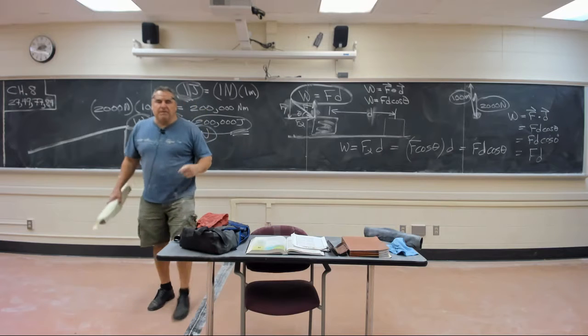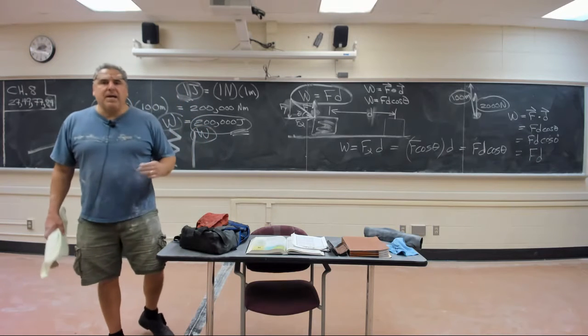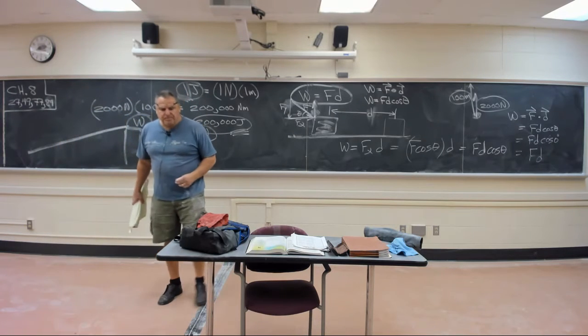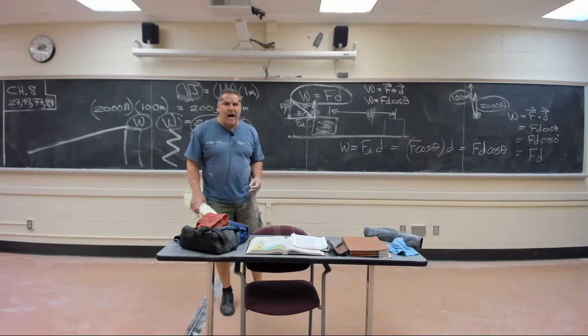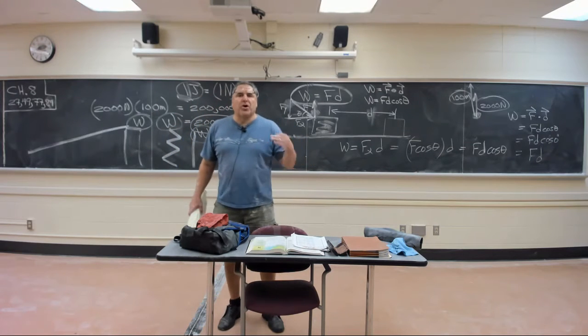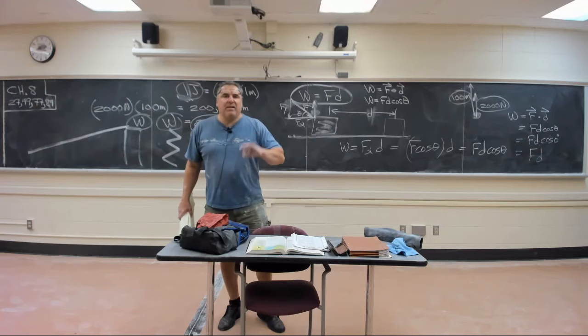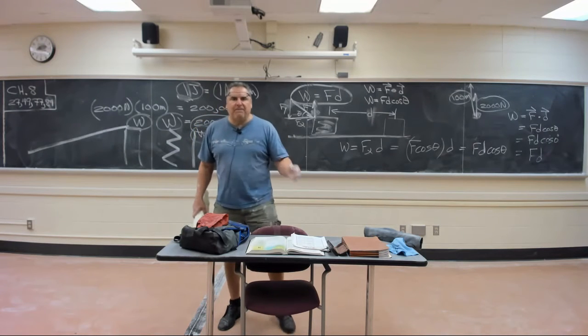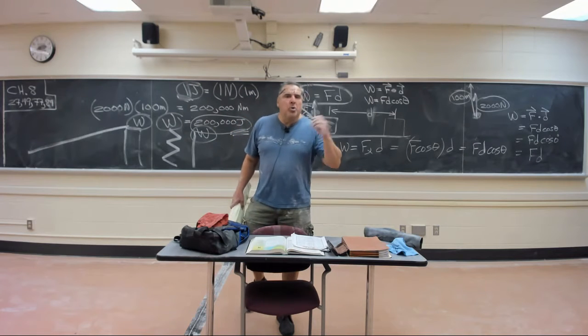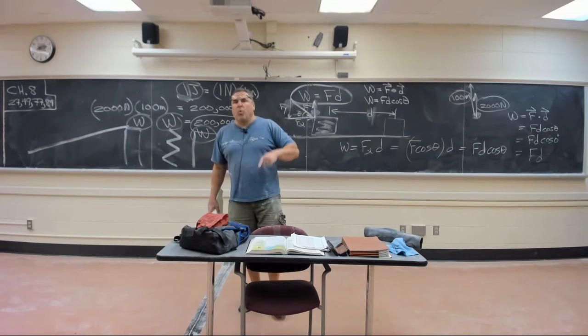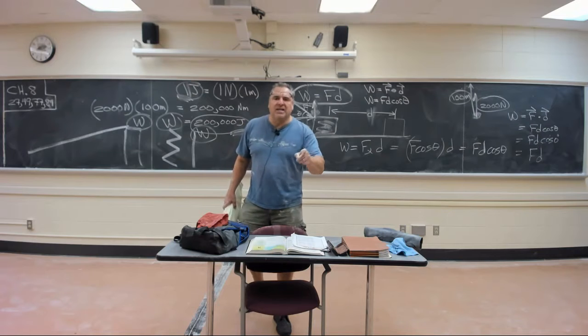Gravity is a conservative force field. No matter how you fight that force field to get to where you want to go, no matter what path you take, the amount of work that you do is the same in all instances.